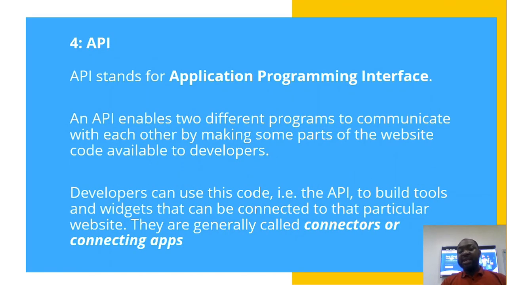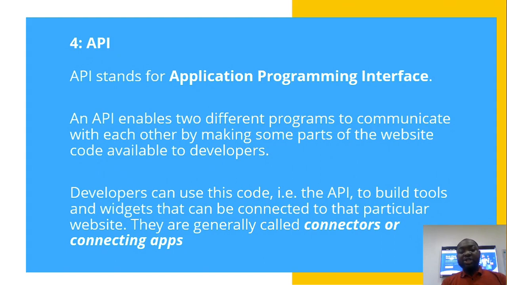Then we have the API, the Application Programming Interface. The API works more like a bridge. If you look at the hardware called a bridge, it helps to connect two or more networks together. On the API side, it helps you connect various applications together. So I have application A, application B, application C, hosted by different companies.